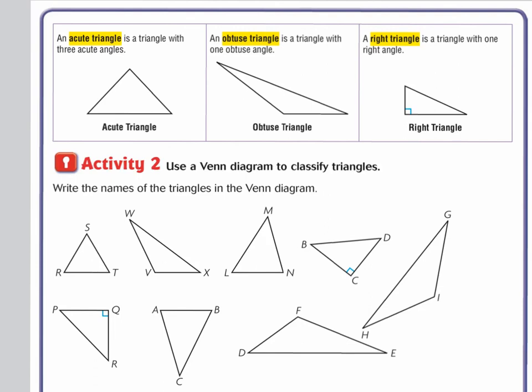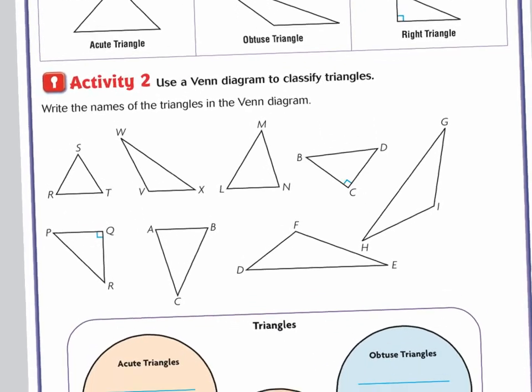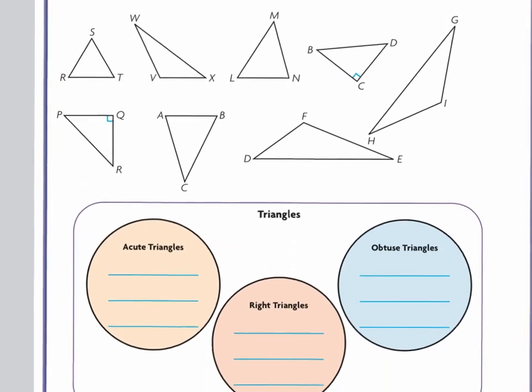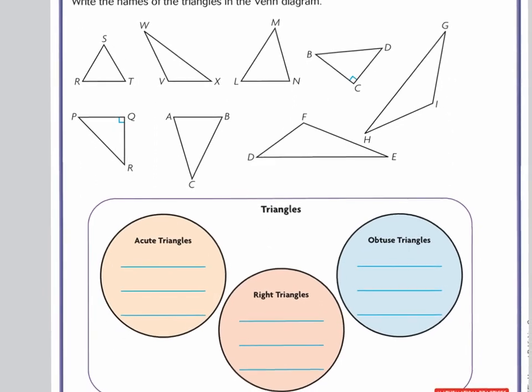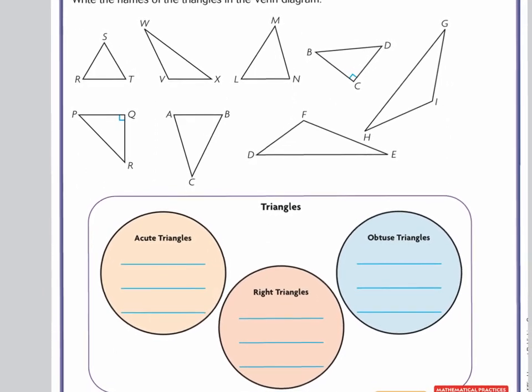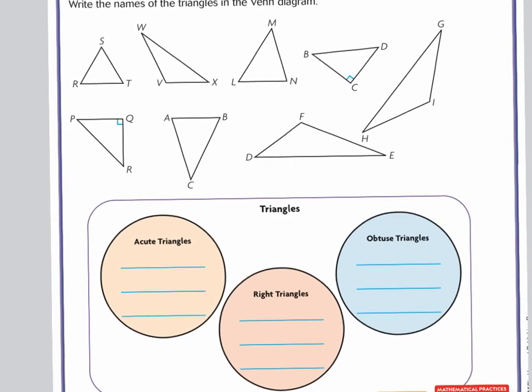And then lastly, the right triangle, it has the 2 acute angles and then the 1 right angle, or that 90-degree angle. The activity below, or activity number 2, asks us to sort these triangles into the Venn diagram down below.